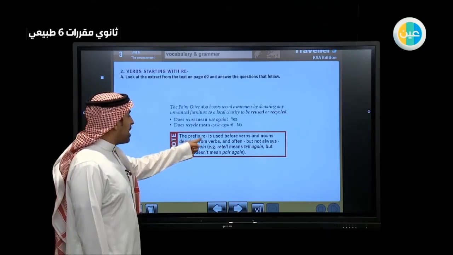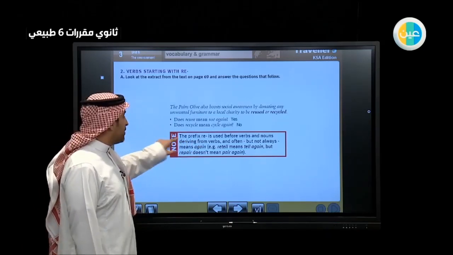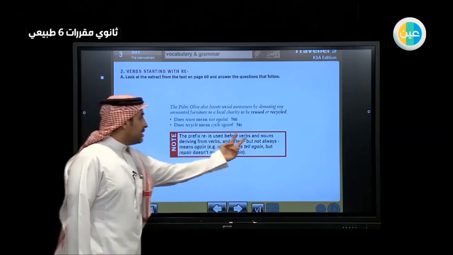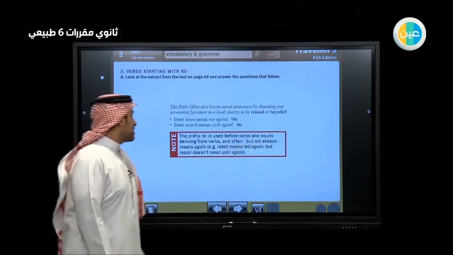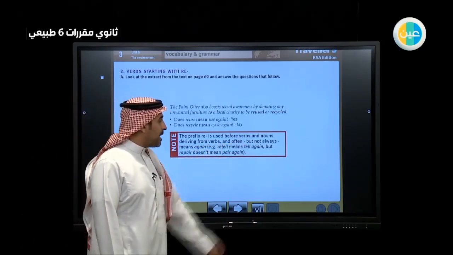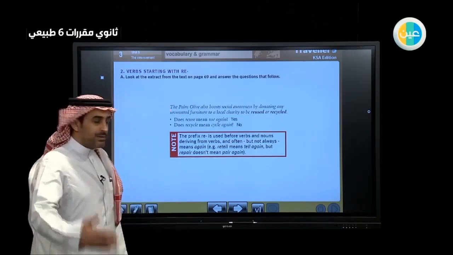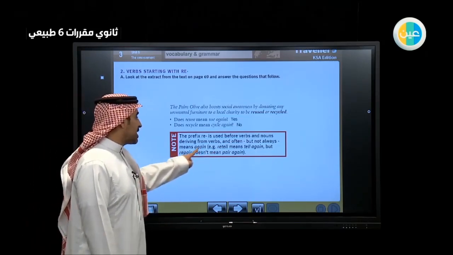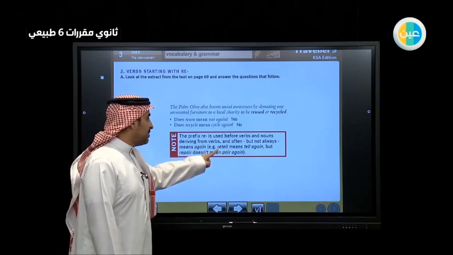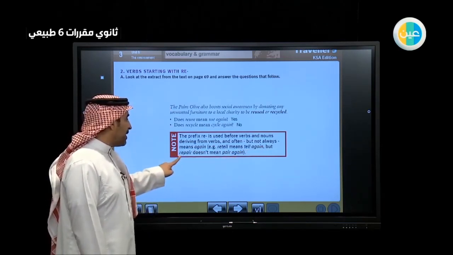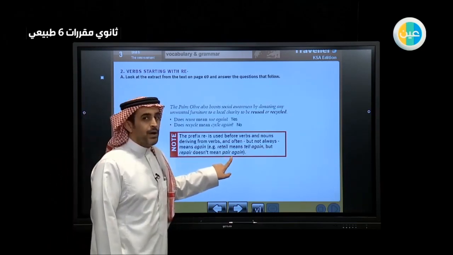The prefix re, look at this note, it's very important: used before verbs and nouns deriving from verbs, and often, but not always, means again. For example, retell means tell again. But repair, look at repair, doesn't mean pair again. Okay?